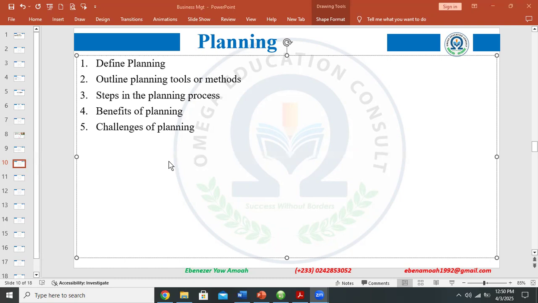Planning is the process of setting goals or objectives and then developing strategies to achieve these set goals or objectives.